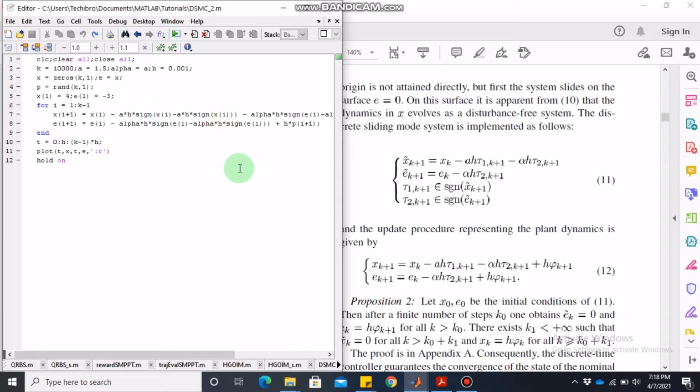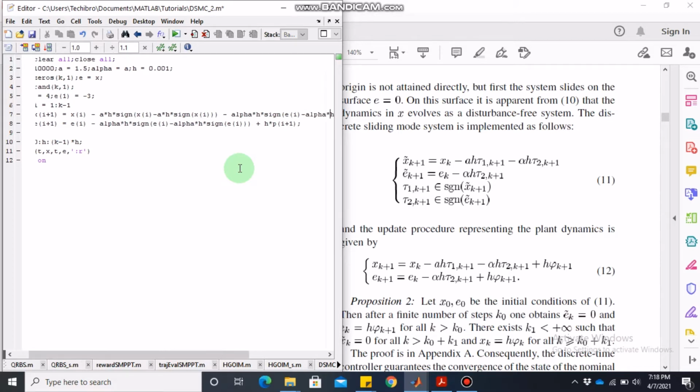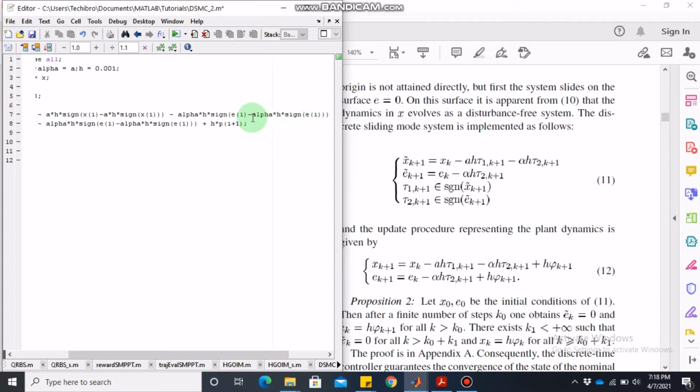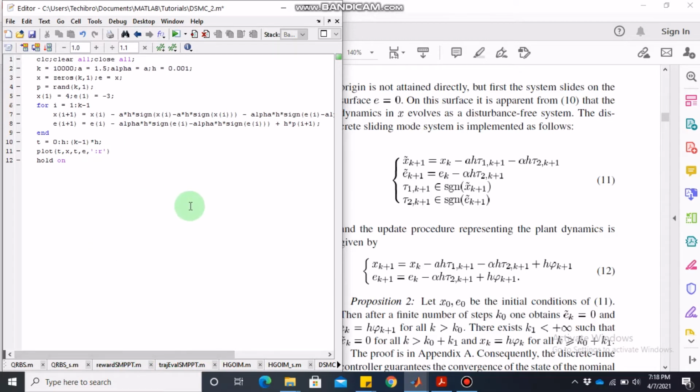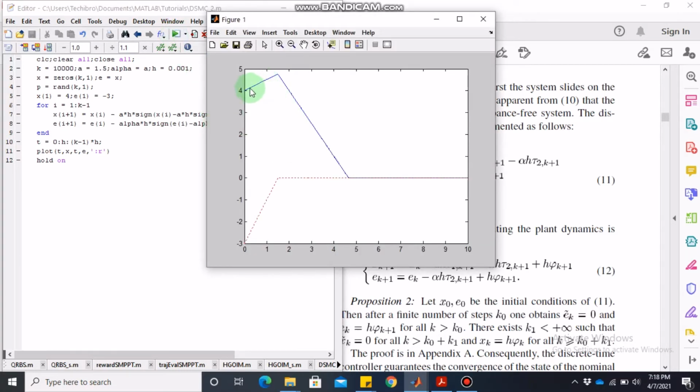Rather, I have a small mistake, or I think I should have minus alpha. Okay, no, that one is here, minus alpha times h times sine of e minus, yeah, this one is separate. So this is tau 2 of k plus 1, and once I run this, you can see that the initial condition of x was 4 and the initial condition of e was -3.